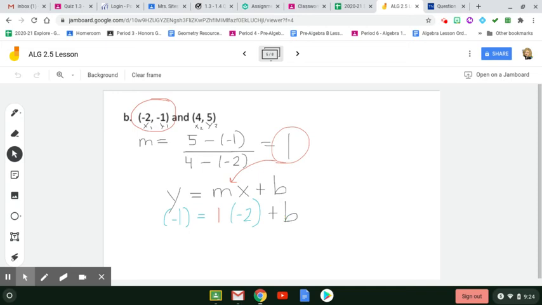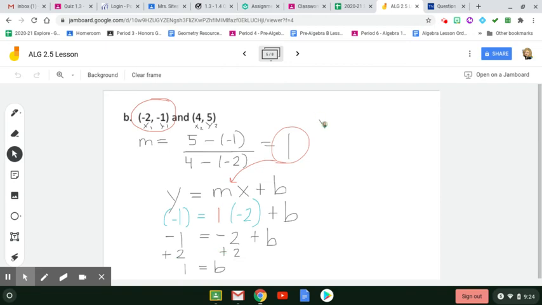So 1 times -2 is -2. And now what I'm going to do is I'm going to solve for that by adding 2 to both sides, and I'm going to get a y-intercept of 1. So I have the 2 pieces of information that I need now. I have the y-intercept, which is 1, and I have the slope value, which is +1 also.